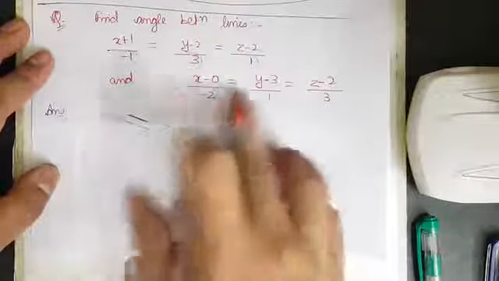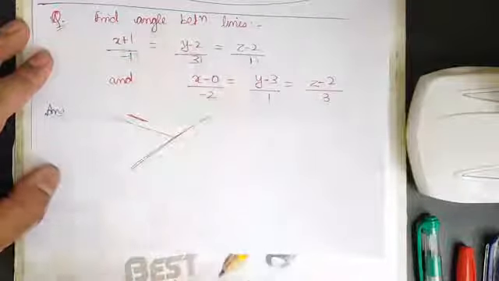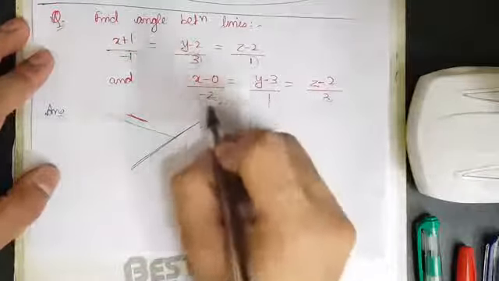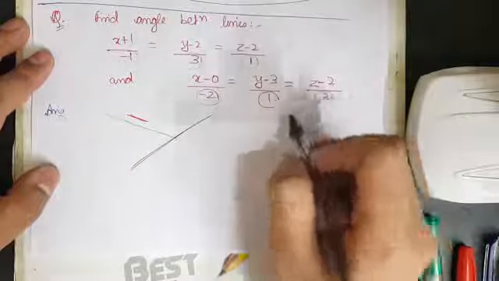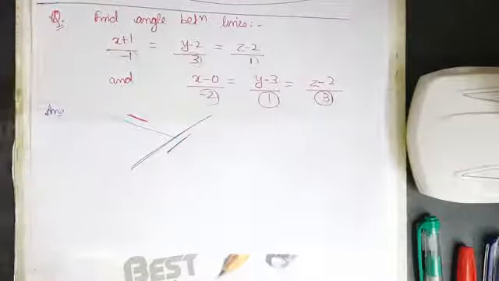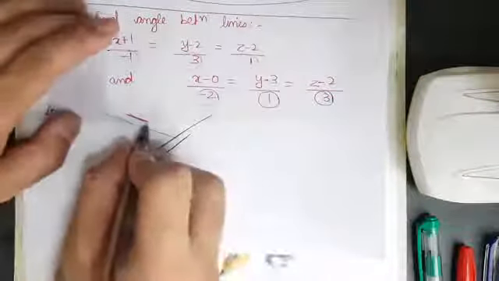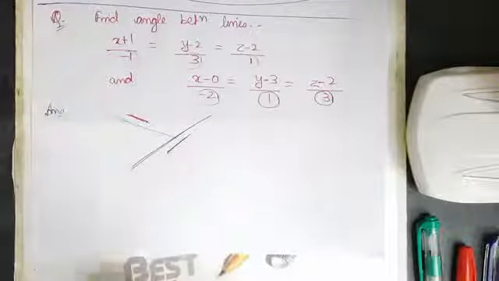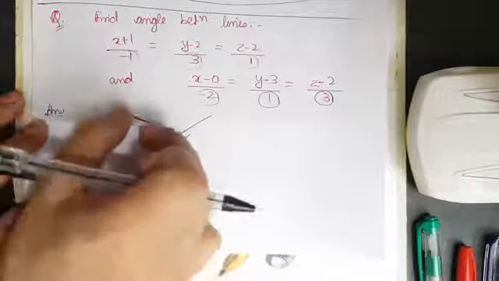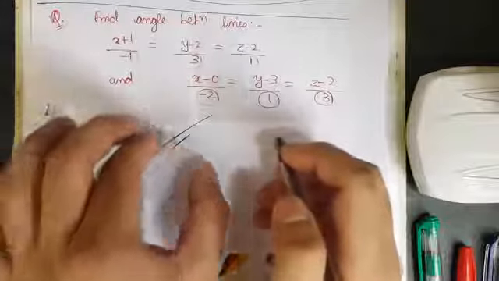Now this is the second line here. Let me draw the second line arbitrarily anywhere. Now these are the values of the DRs of the parallel vector. So let the parallel vector be here. We need to find the angle between these two lines. If you remember from the concept of vectors, you can just pick up a vector and place it as it is.